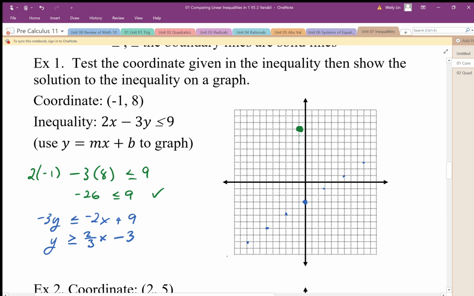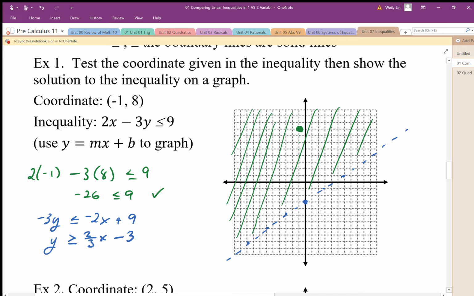The boundary line is not part of the solution, so we show it as a dotted line. So there's my boundary line. And since I want the y bigger, the solution that I tested is on the bigger side, or above the line. So it's consistent with my inequality analysis.